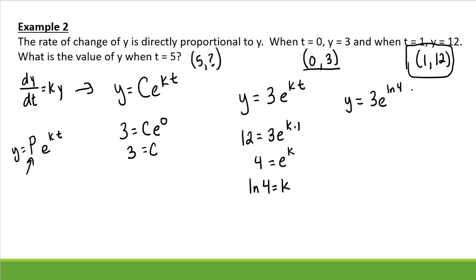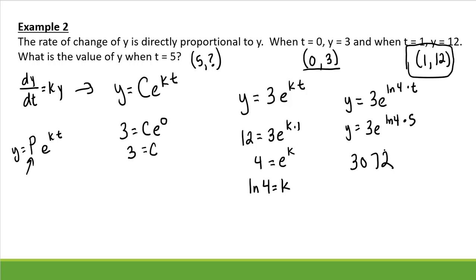When I plug in 5, in my notes I have 3072. I'm going to double check that in my calculator. I did this a few days ago. Yeah, that actually makes sense. Yep, 3072. So that's a basic example.